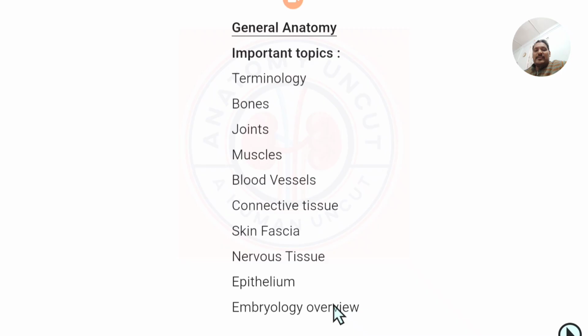Epithelium, embryology: I may not have the time and may not speak about this in this lecture, but I feel you have to have an idea of what epithelium and embryology are in general. So this is our list of important topics and I am going to cover most of them in this review lecture.